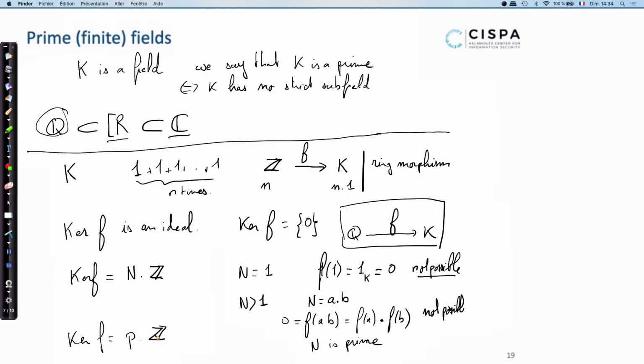Okay, so now given any field k, we have two cases.